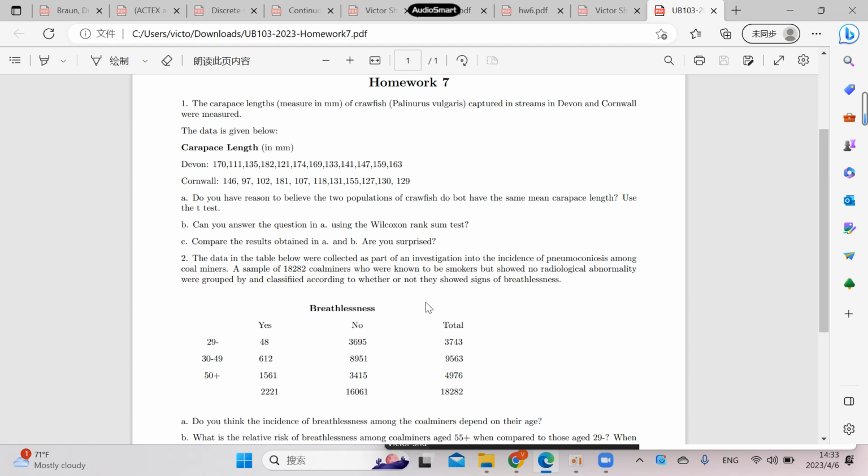By the way, you have a formula in your class slides, and it says the expected rank of A, let's say A is Devon, should be NA, the number of observations in A, which is 12, times the parenthesis NA plus NB plus 1, end parenthesis.